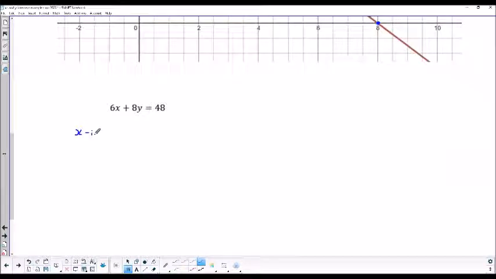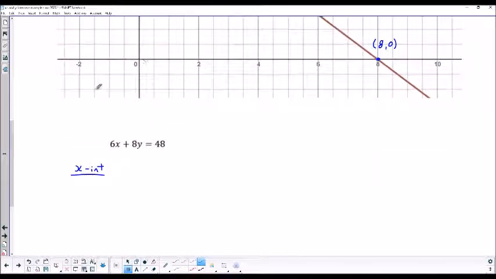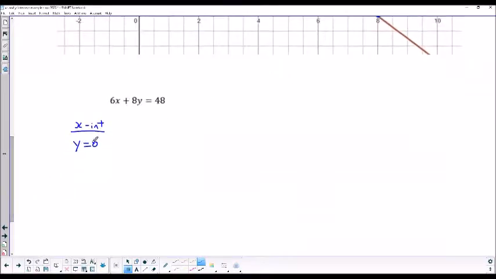If we're trying to find the x-intercept, we know that every ordered pair along the x-axis has a y-coordinate of 0. So for the x-intercept, we know y equals 0. All we have to do is substitute 0 in for the y of this equation.